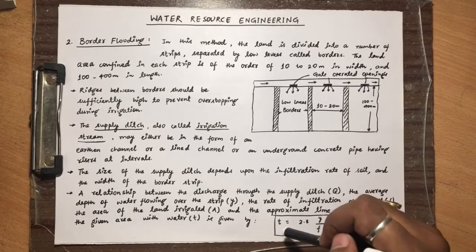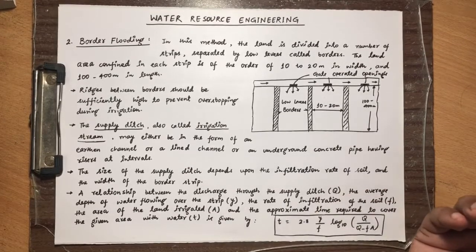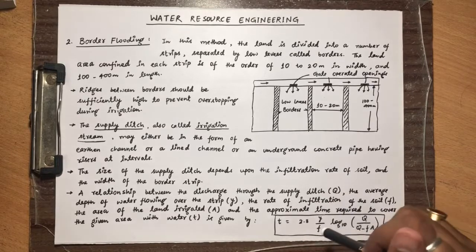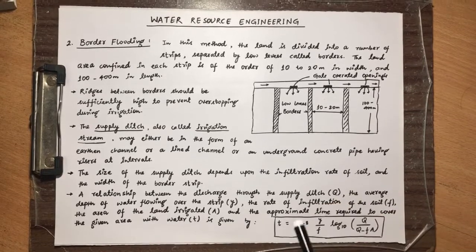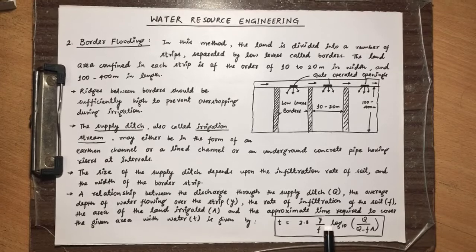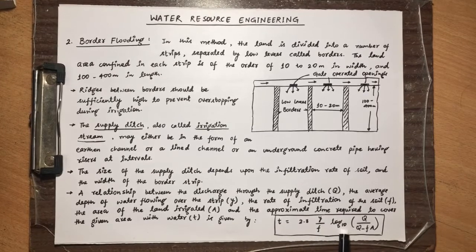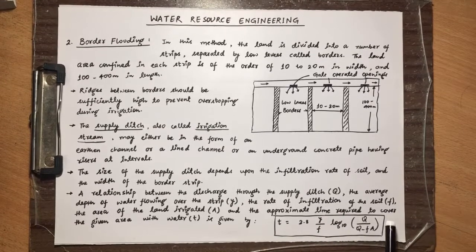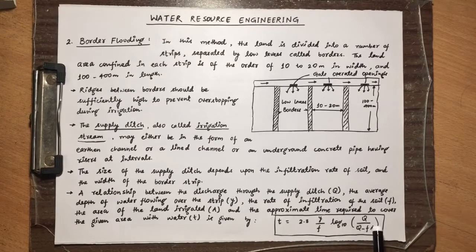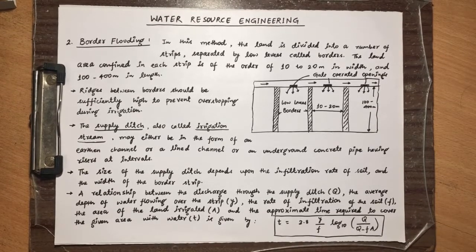If we want to know when our land is going to be irrigated, we can calculate it by this formula: t = 2.3 y / f log10 [q / (q - fA)]. We are going to see how this formula has come.